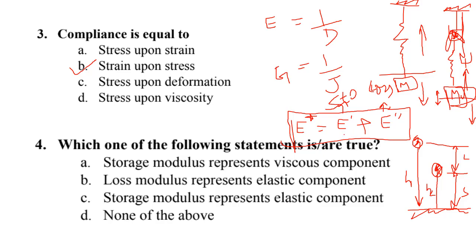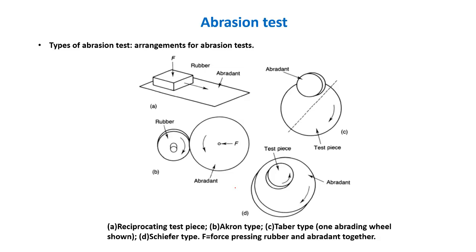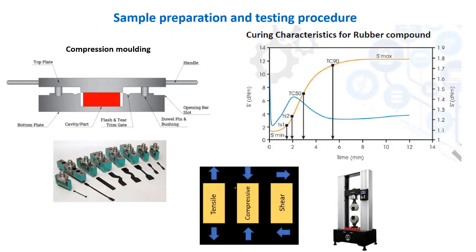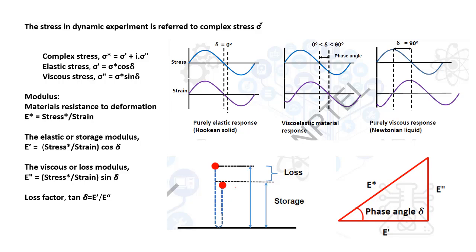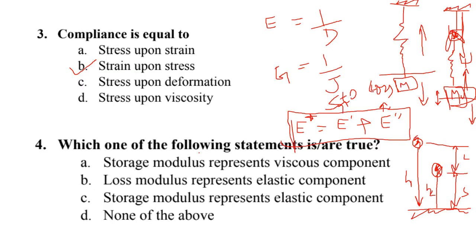If I go back to that slide, yeah, here. So E dash is the elastic or storage modulus, and E double dash is the viscous or loss modulus. So from that we can say that storage modulus represents the elastic component. So option C is the correct one.